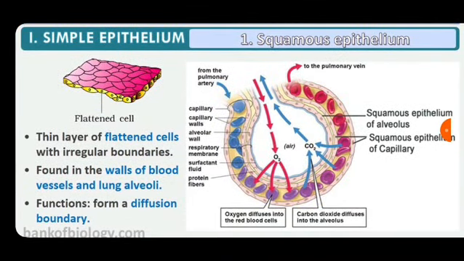The first diagram indicates the squamous epithelial tissue, which is present in the inner wall of blood vessels and lung alveoli, and its function is diffusion.